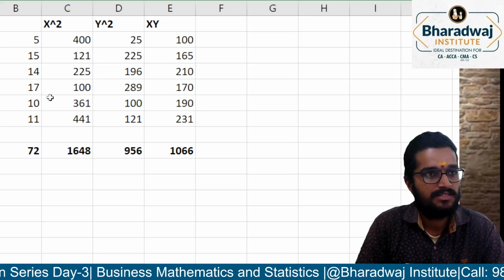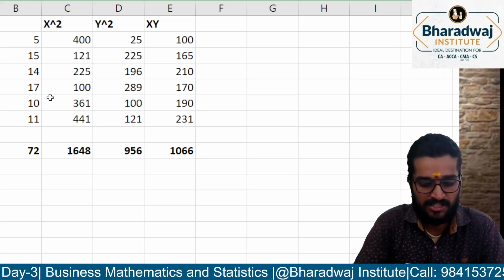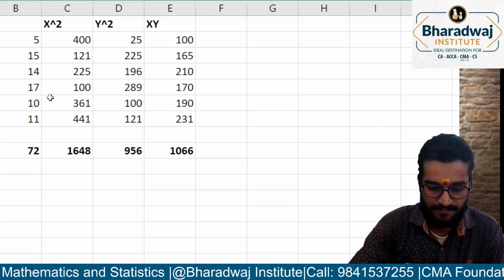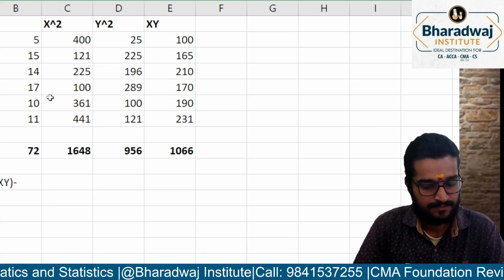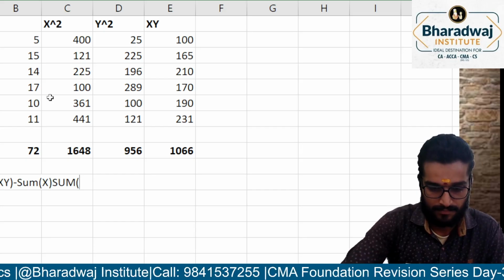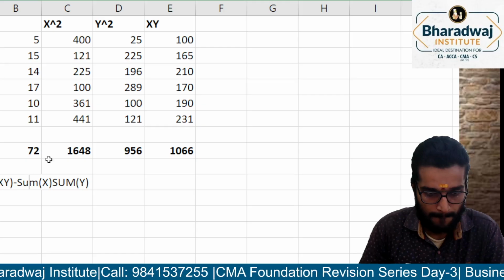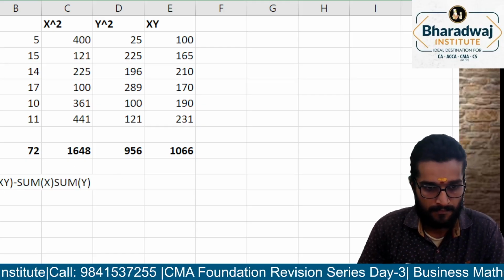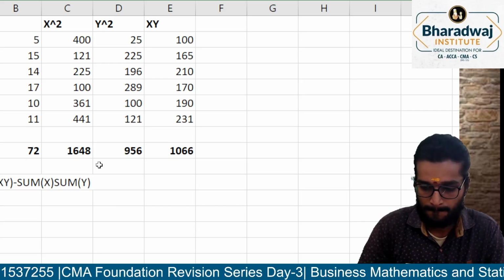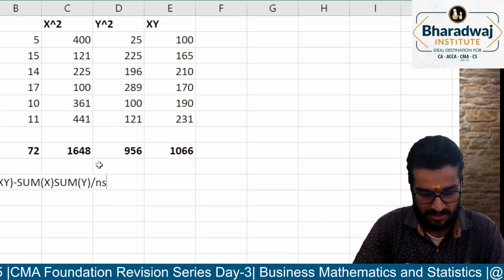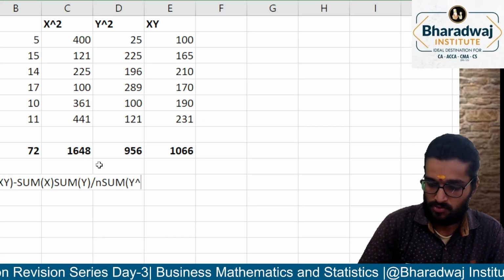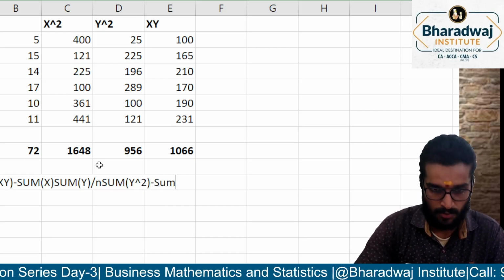What is the formula for bxy? It's nothing but, with the given information, n times summation xy minus summation x, summation y, divided by n times summation y square minus summation y the whole square.